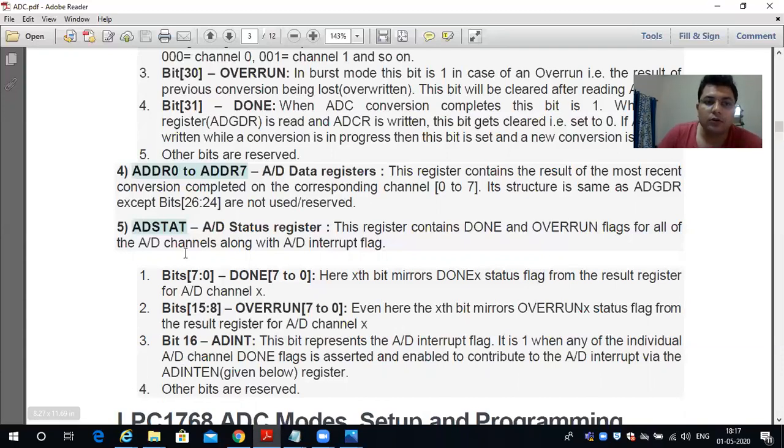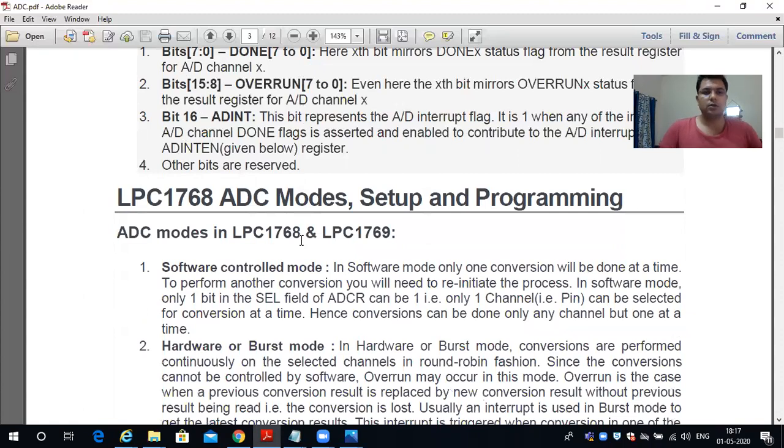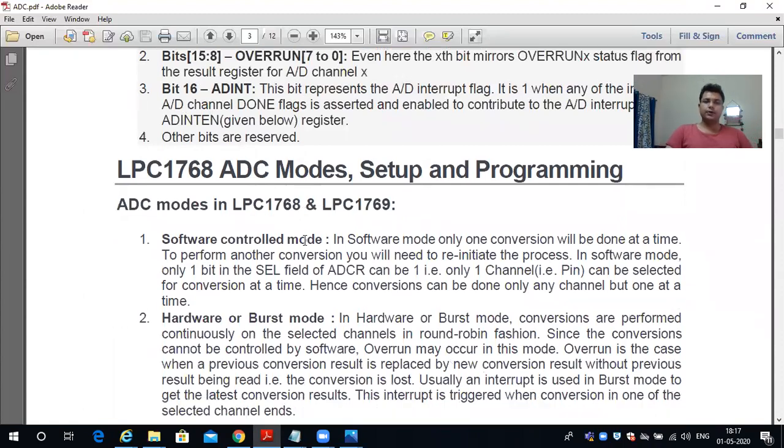So that is all about the AD status register, and this is the software control mode. In software control mode, only one conversion will happen at a time, whereas in hardware or burst mode, more than one conversion is possible.